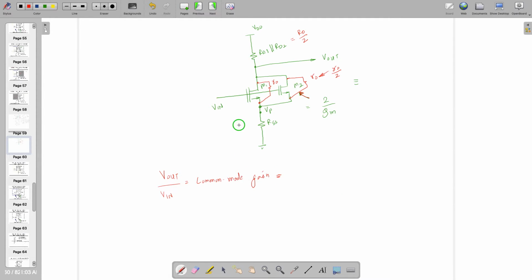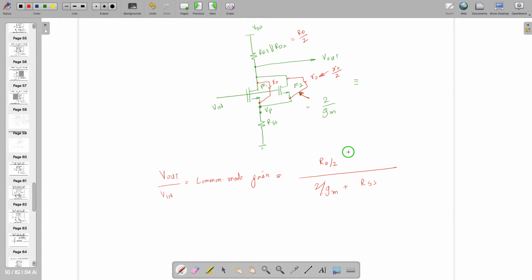then the common mode gain is equal to, as this is going in the positive direction, you can find the output impedance. It's RD by 2, first of all, which is looking at this side, right? And from here it's 1 by gm, actually 1 by 2gm, plus RSS.